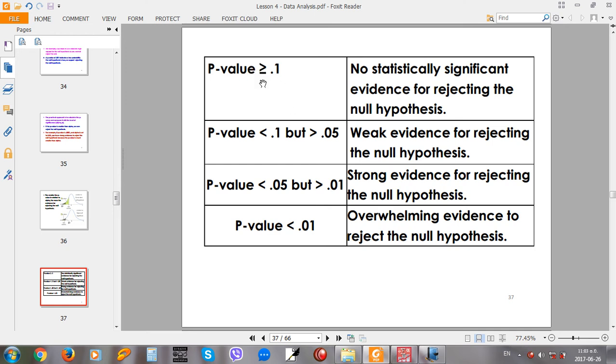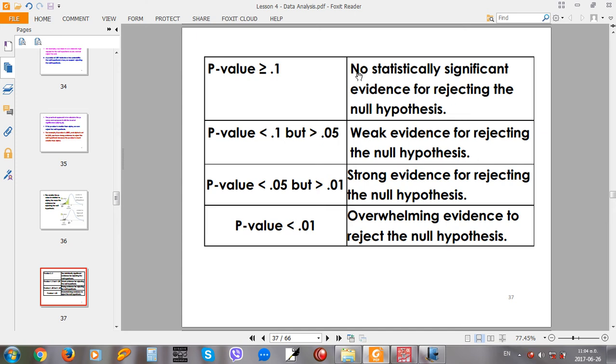If the p-value is greater than 0.1, there is no statistically significant evidence for rejecting the null hypothesis, right? If the p-value is between 0.1 and 0.05, there is weak evidence for rejecting the null hypothesis.